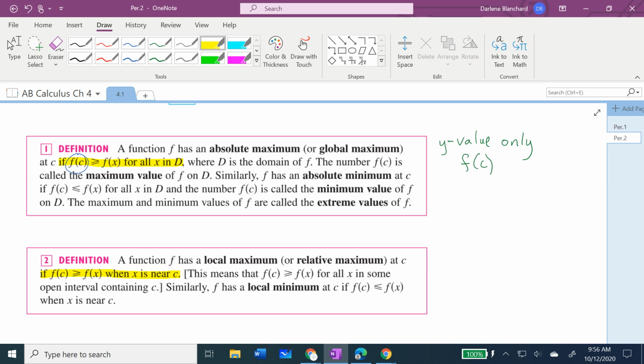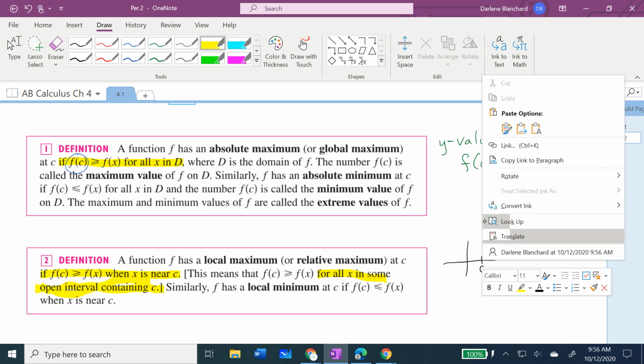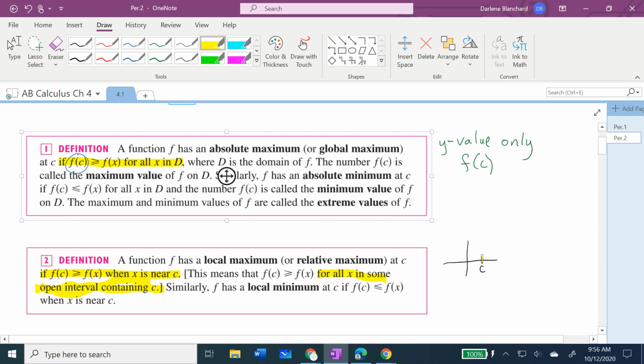And what does near mean? Near means, trying to draw straight, an open interval containing c. So if this is x equals c right here, an open interval that contains c has some x coordinates to the left, and it has some x coordinates to the right, and it's looking at all the f of x values.